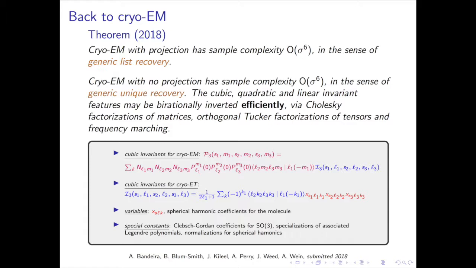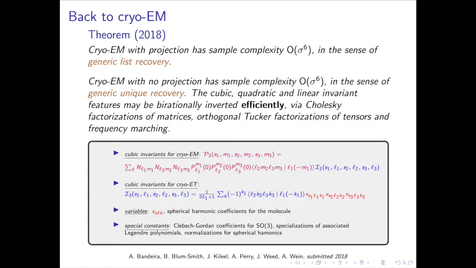We also considered a variant of cryo-EM with no projection, no tomographic projection. So there, each observation is just a rotated molecule with a bunch of noise. You have 3D observations, say, 3D images. Then we can actually show that you have generic unique recovery, not list recovery, at d equals 3.